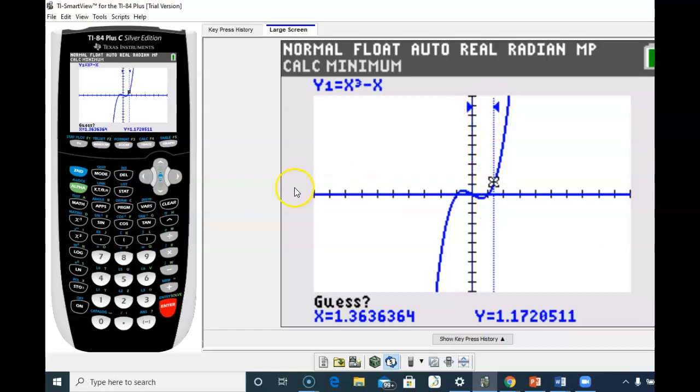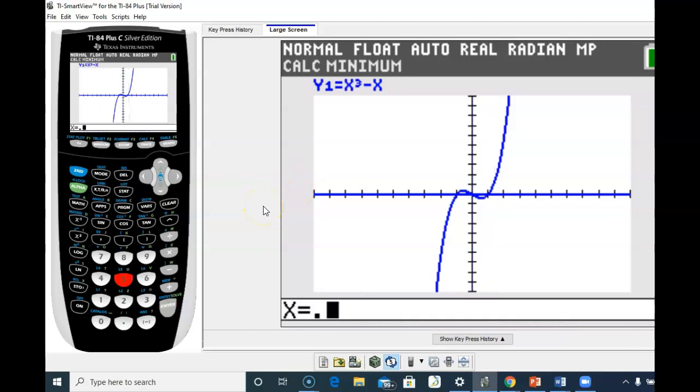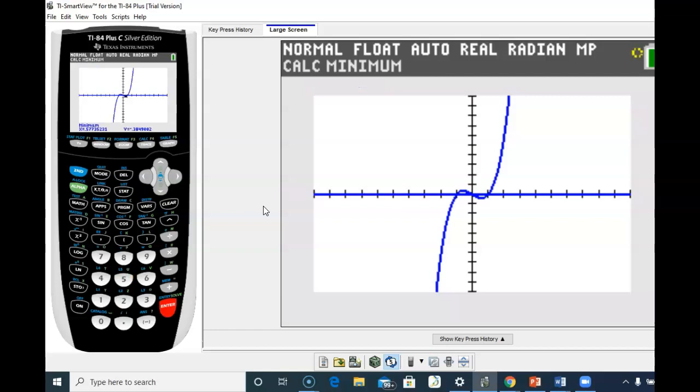Okay, so our guess, again, you can always type these in. Let's just say our guess is 0.5. Okay, and so the actual minimum is 0.577. So this is another type where you do not want to be tracing. You want to actually use these functions on the calculator to get exact answers.